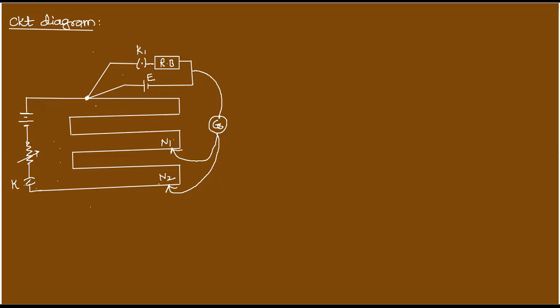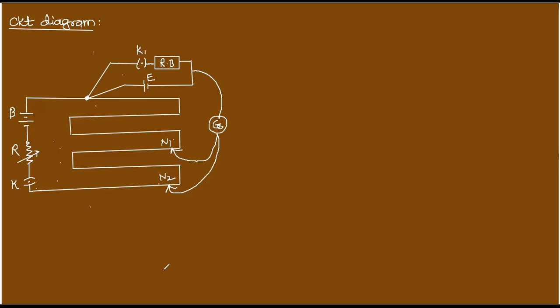I am denoting this with K because I have denoted K1 here, and this is R, and this is battery B. So did you understand the circuit? Same thing, nothing changed. Just this side we have changed. You can see here instead of a cell you connect one key and resistance box.